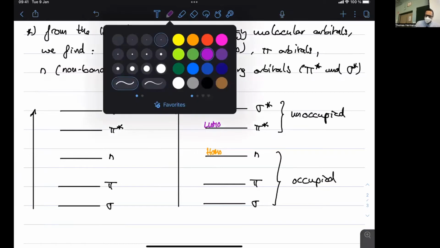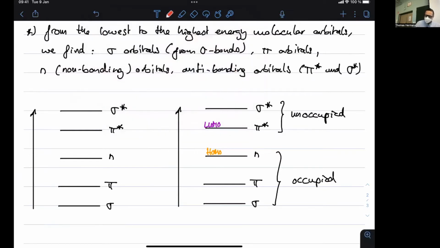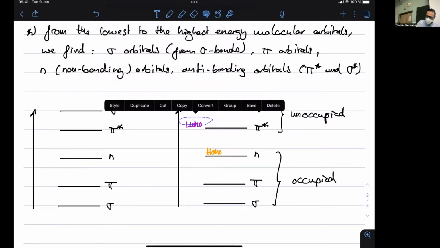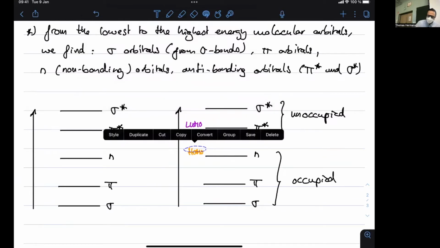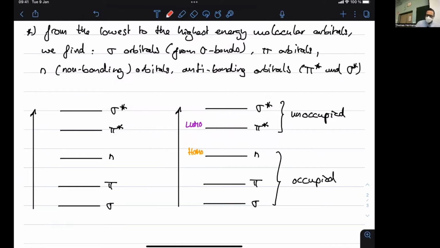And then we can have all kind of transitions, right? Sorry, I should put this a little bit on the side. Okay, so the most probable transition we just said is the one from the HOMO to the LUMO, right? So this would be an N to pi star transition. And this one is a little bit higher energy.